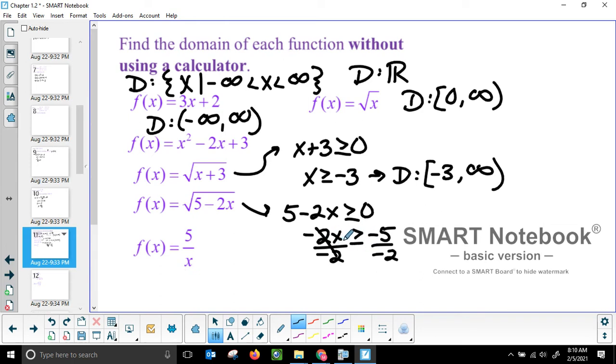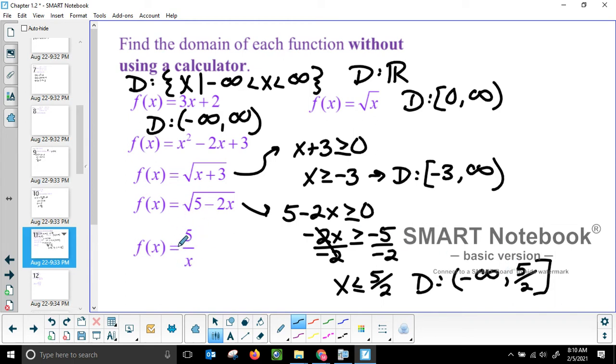Whenever we multiply or divide by a negative number, we have to flip this inequality. So x is less than or equal to 5 halves. So my domain, again, in interval notation, would be negative infinity to 5 halves, including 5 halves. This is all x's less than or equal to 5 halves.